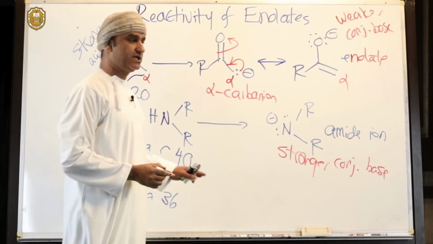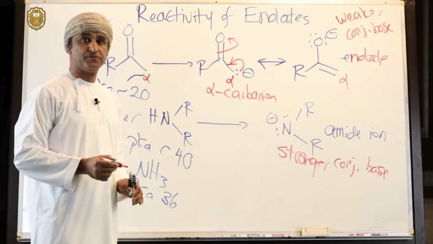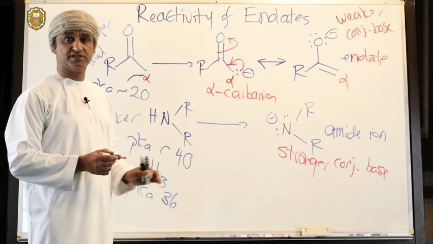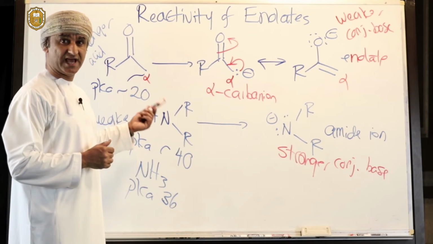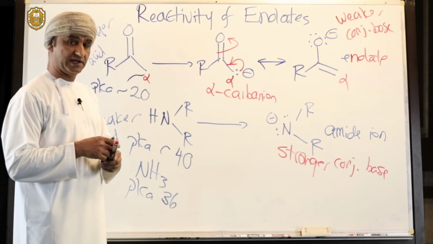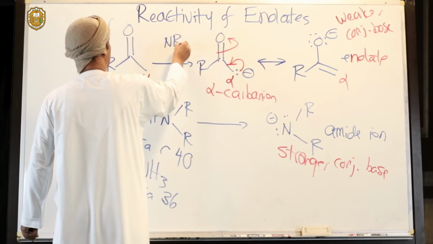So if we react the stronger acid, which is the ketone, with the stronger conjugate base, which is the amide ion, this acid-base reaction can take place. Therefore, a suitable base that can deprotonate carbonyl compounds, in this case ketones, with an alpha hydrogen should be an amide, NR2 in general.